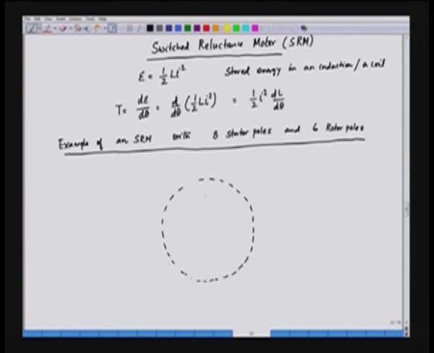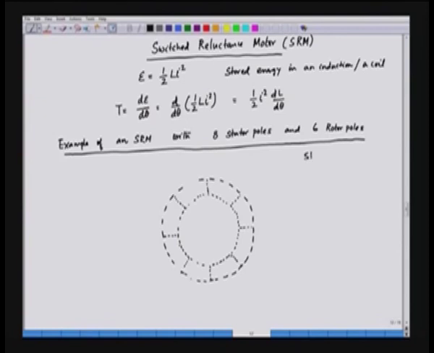This is a stator. We have 8 poles. Let us try to draw the poles here. 8 poles means they have to be shifted by 360 by 8, that is 45 degrees.